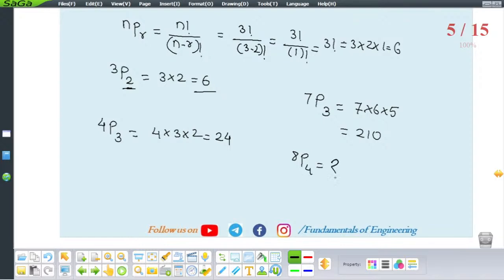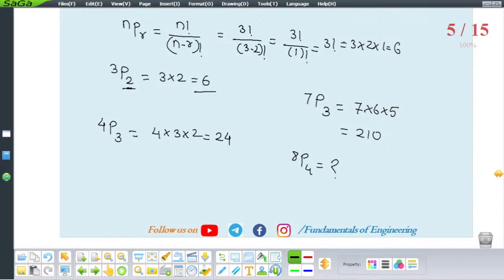By using this trick, without using the calculator or the formula, we can find out the answer.